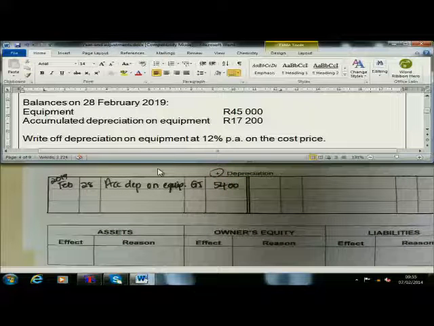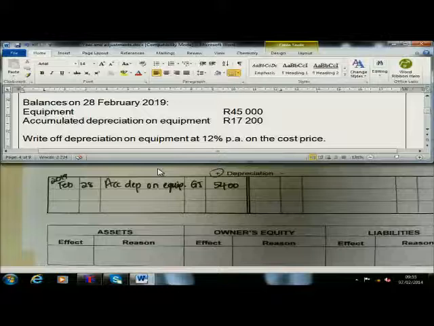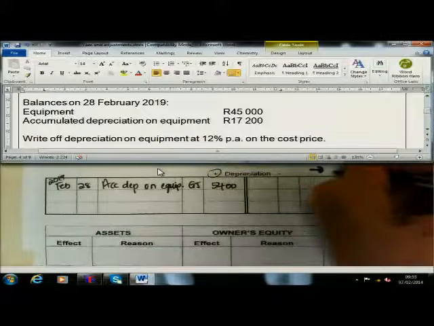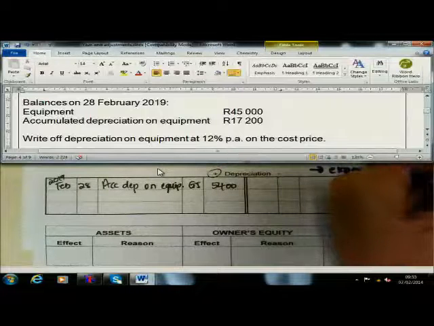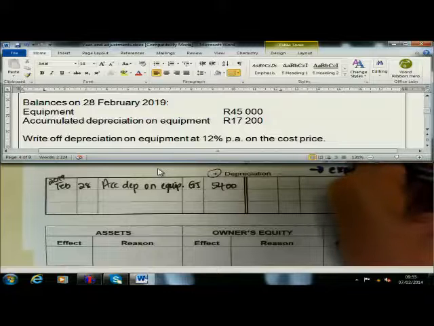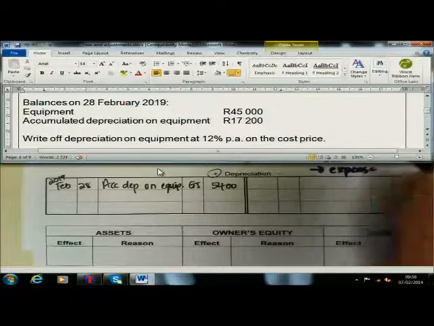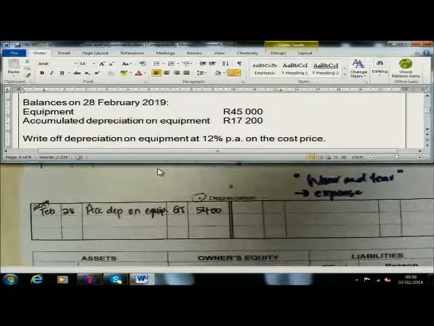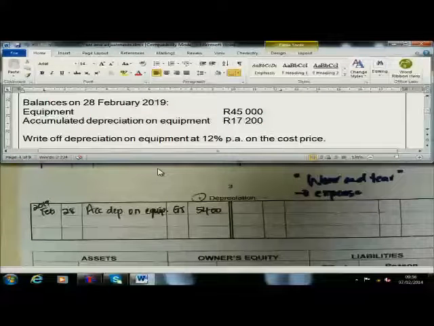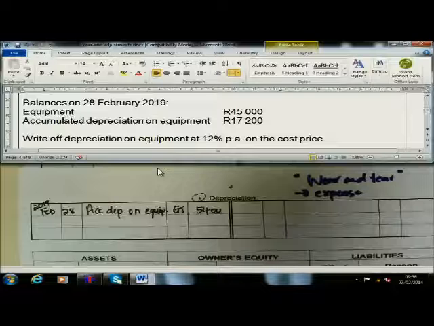This is a new expense. This is an expense for the business. What expense is this? Because of wear and tear. Because we use our equipment, and it's not new anymore. There's wear and tear. That's why there's depreciation.